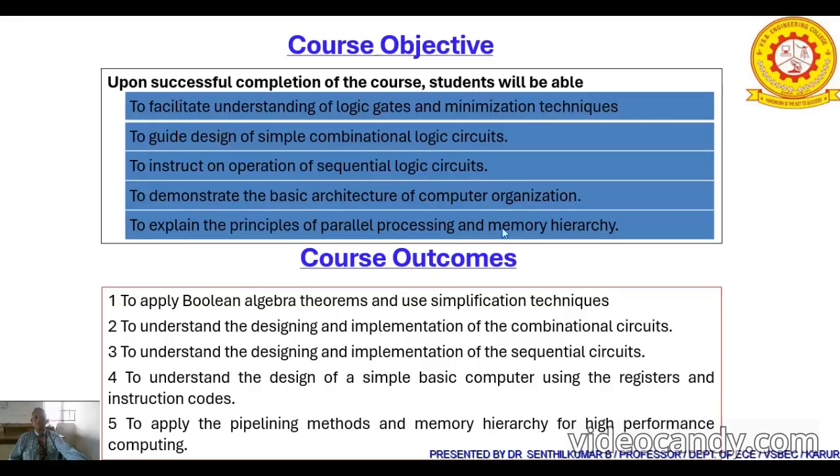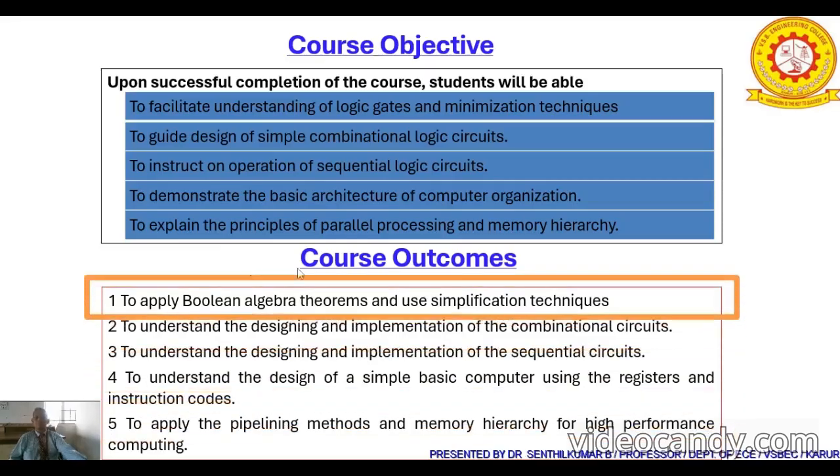In the course outcome, what we have to have is, at the end of the session, you must be able to apply Boolean algebra theorems and use them for simplification techniques. So this is highlighted here.